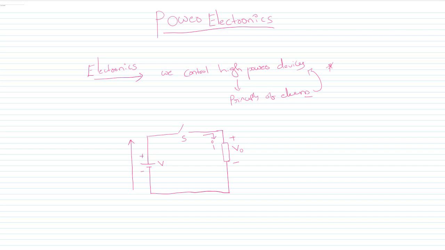Switch means either you can turn it on or turn it off. Now for instance, let us take an example. This is V, the voltage, this is I, the current, this is V0, the output voltage across this load, and S is the switch. Now let us see some important waveforms.